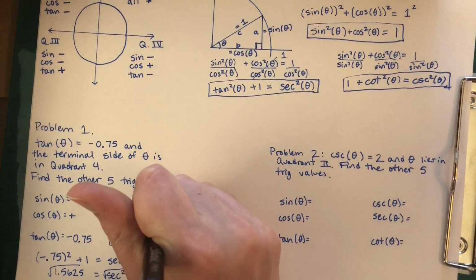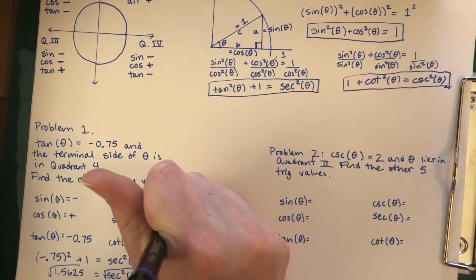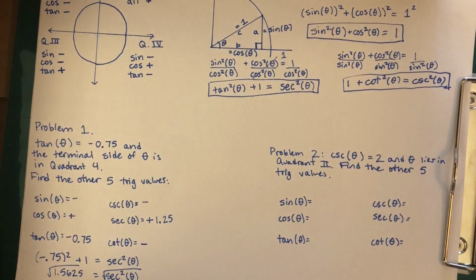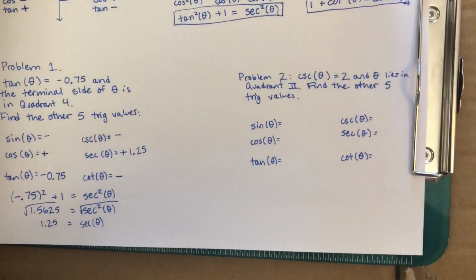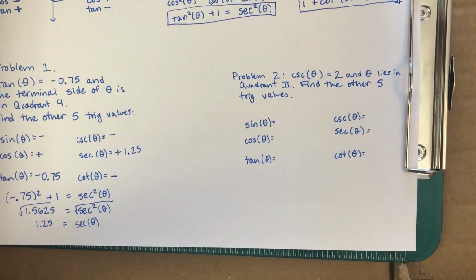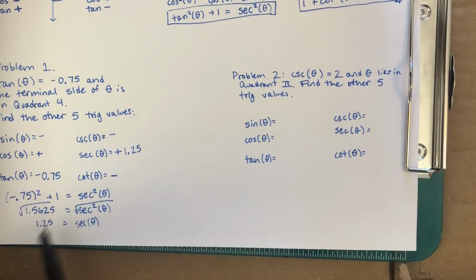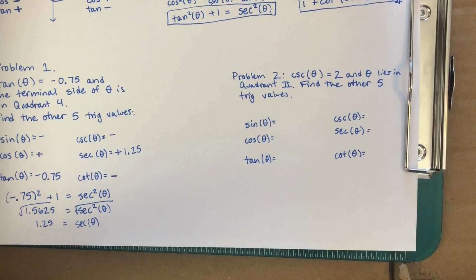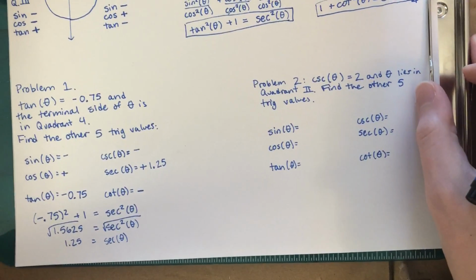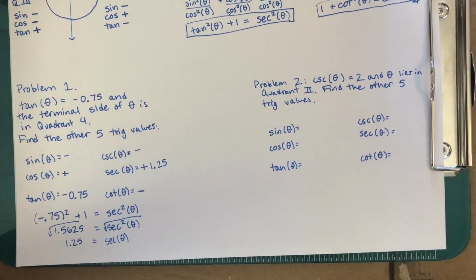Okay, so 1.25. Anytime you take the square root like this, it won't necessarily tell you what the positive or negative sign should be, because we're taking the square root of something squared that usually gives us a plus or minus.